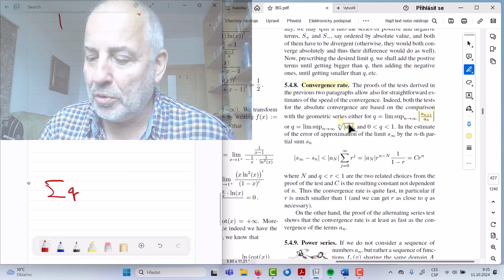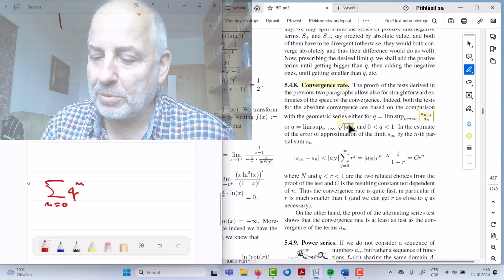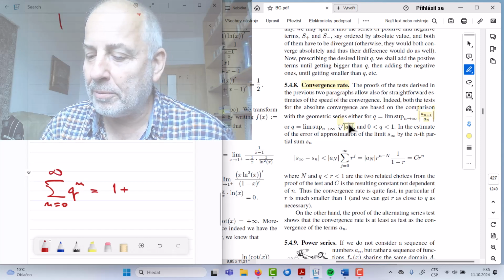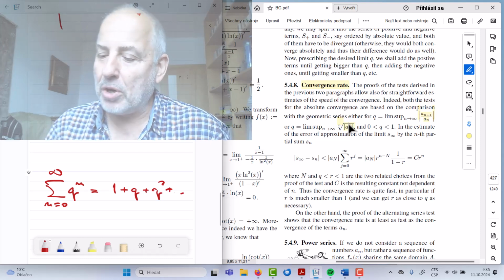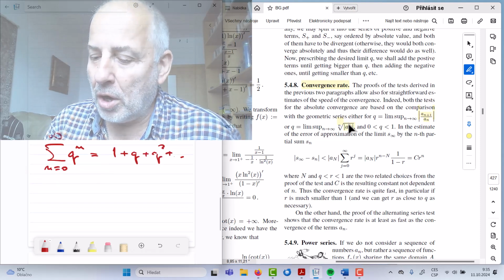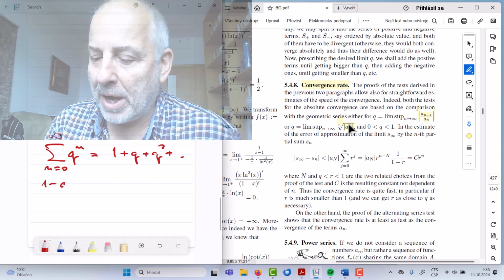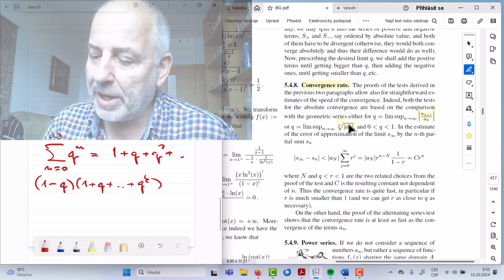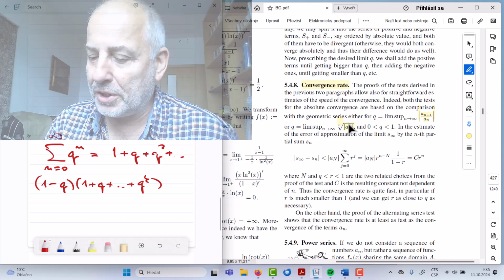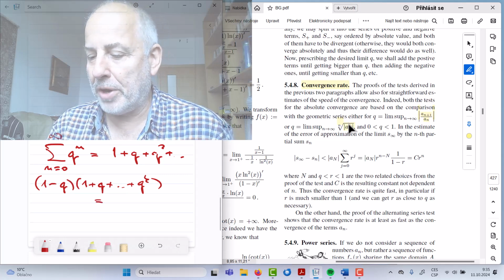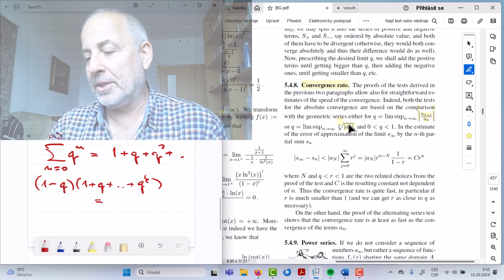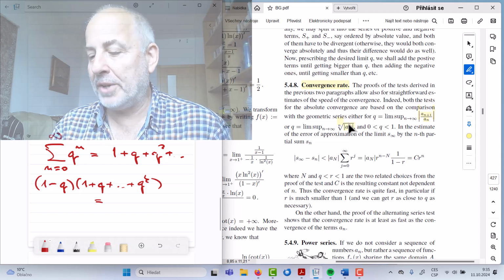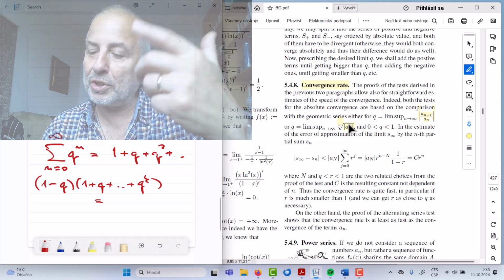So you have the sum of q^n, n going from 0 to infinity, so it's 1 plus q plus q squared and so on. We know that if you take (1 minus q) times (1 plus q plus and so on up to q^k), it's easy to see what this is. You take one copy as a whole and one the same thing with the power shifted by 1.